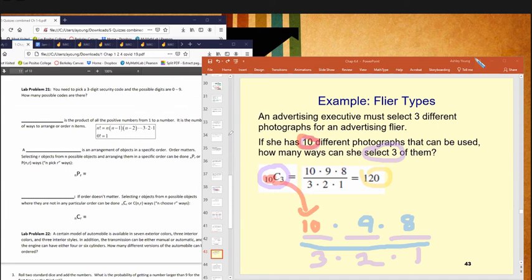If order matters, then I just leave it at 10, 9, 8, done. 10 times 9 times 8. Oh, okay. So you only use the factorial when order doesn't matter. Exactly. When order doesn't matter, I add in the extra step of dividing by the 3, 2, 1 on the bottom. Otherwise, it's just 10, 9, 8, done. Perfect. Okay, thank you.